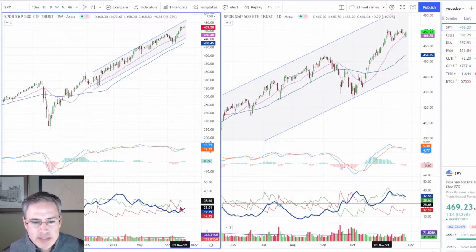Now, one of the things I'd be looking for is a move up where, let's say, this does end up pausing here, pulling back, and then finishing off the year maybe up towards this channel line and up towards the target area somewhere around 480. And in the process of doing that, we get the ADX to climb up to 25.